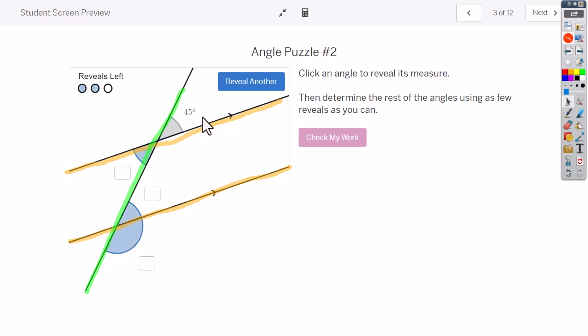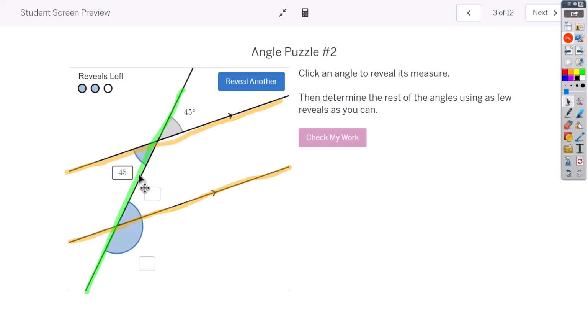It's 45 degrees. Now, if I'm just focused on these two lines at the top, they intersect each other, so I have two vertical angles. If this is 45 degrees, then I know the one on the other side of that intersection is also 45 degrees. Now I'm going to move to the fact that I have two parallel lines.